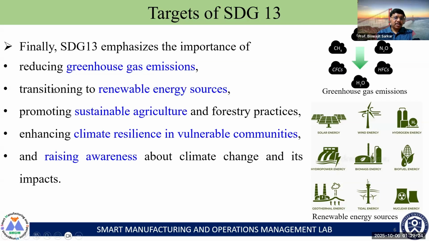Number two, transitioning to renewable energy sources. Number three, promoting sustainable agriculture and forestry practices. Number four, enhancing climate resilience in vulnerable communities and raising awareness about climate change and its impacts.